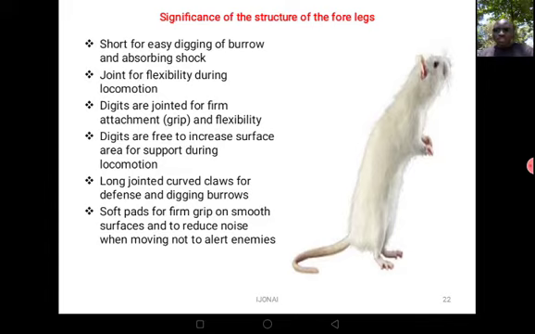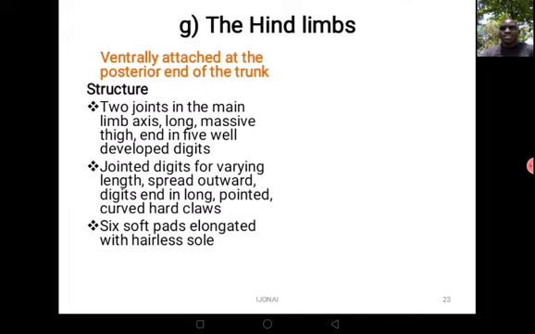So they are also used for defense. Then they have soft pads for firm grip on the smooth surfaces, but also to reduce noise during movement, so that might alert the enemies. When you are cautious of your life, even as you move, you don't want to be detected.